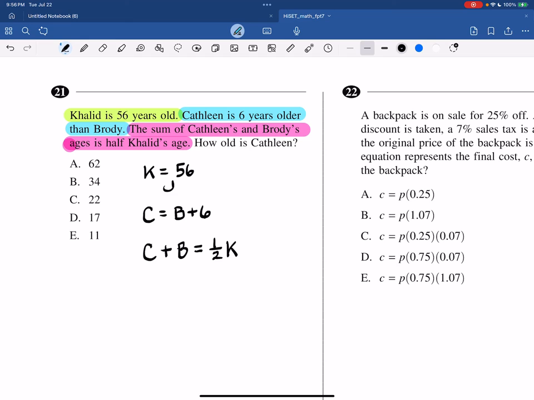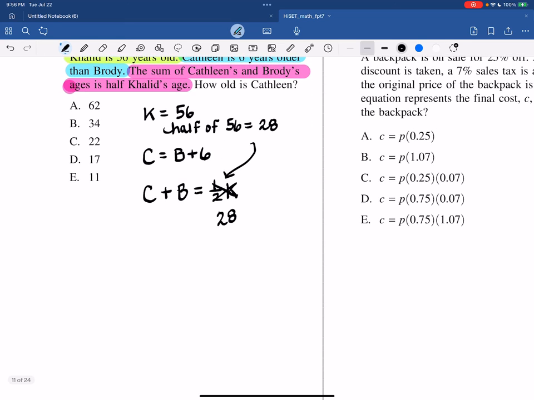So if Khalid is 56, what is half of that? Half of 56 is 28. So instead of this mess, I'm going to take that out and put in a 28.